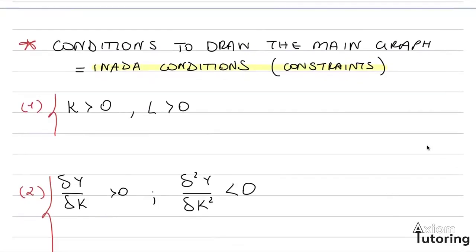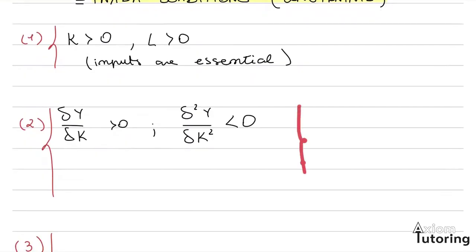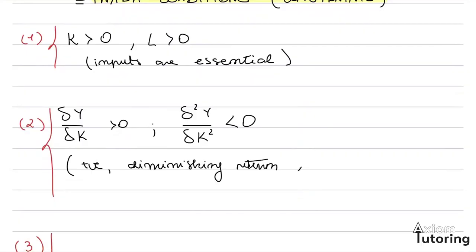Now let's talk about what these conditions actually are. The first one is that both factor inputs need to be positive. Capital needs to be greater than 0 and labor needs to be greater than 0, meaning that inputs are essential if we want to find a definition of final output. Then we've already encountered and unpacked thoroughly in previous videos the positive but diminishing returns to capital.